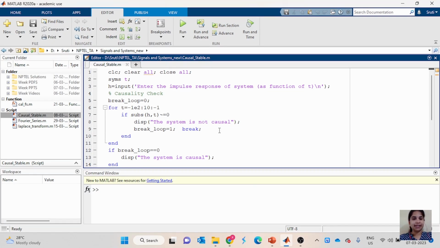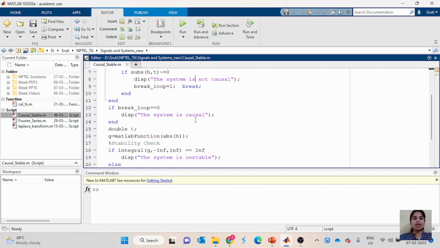I've already written the function in MATLAB. Here is how I am checking for causality: if h of t exists for t less than 0, then I will tell that the system is not a causal system.